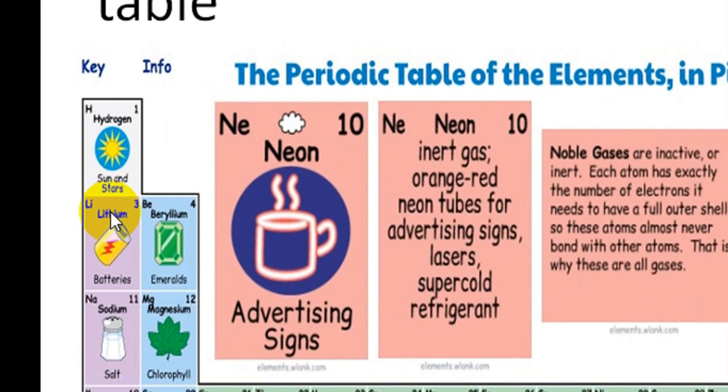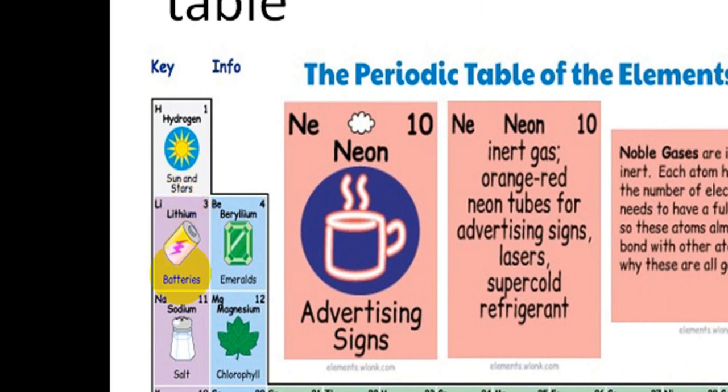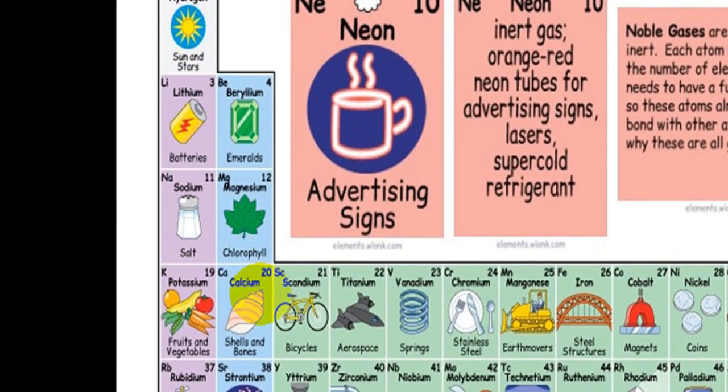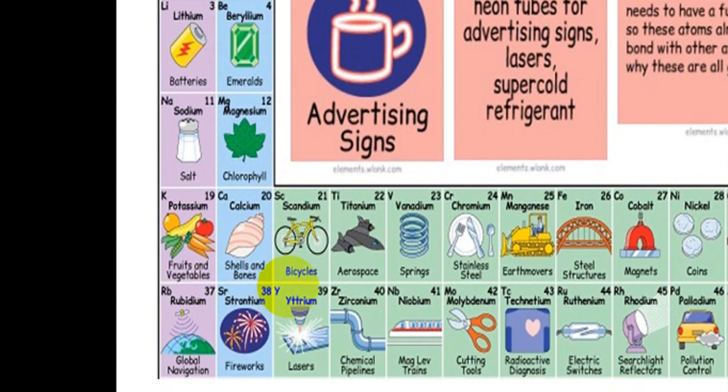Here we have hydrogen, which is found inside the stars, if you remember. Also lithium, they use it in batteries, sodium in salt. Potassium, we get it from fruits and vegetables. We have calcium as well. It is found in shells and bones.